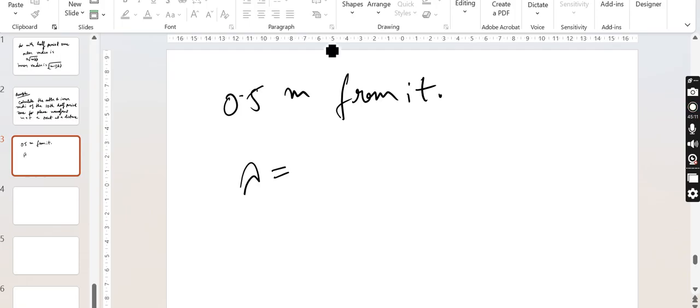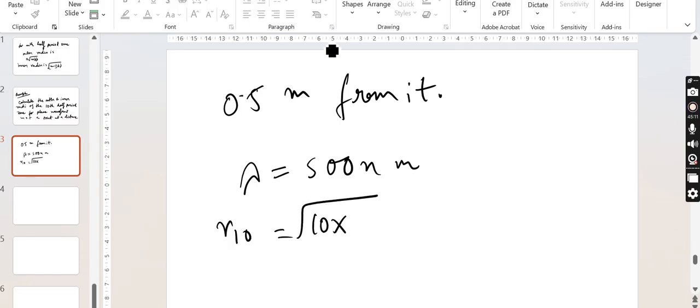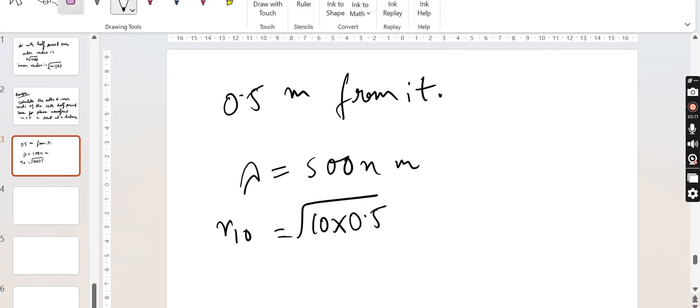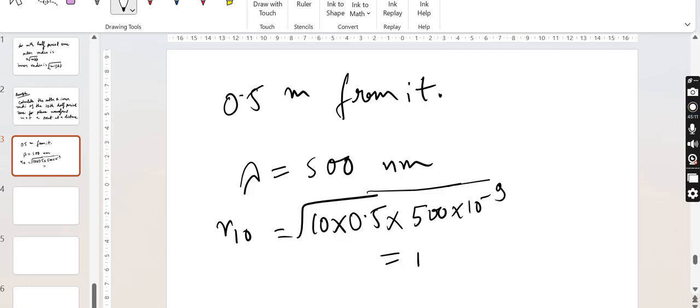Assume lambda is 500 nanometer. So our R10 would be the square root of 10 into 0.5 meter into 500 into 10 to the power minus 9, and that would be 1.58 millimeter.